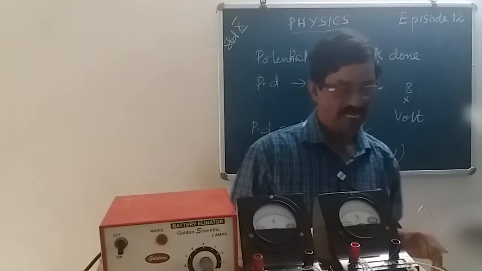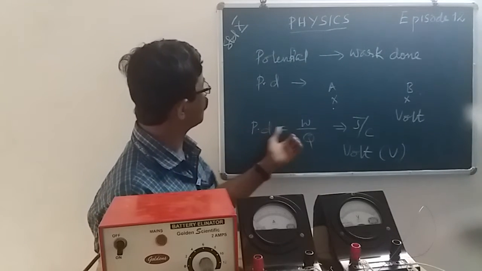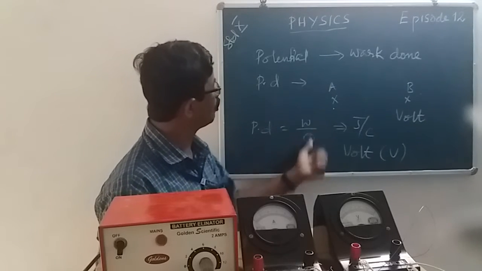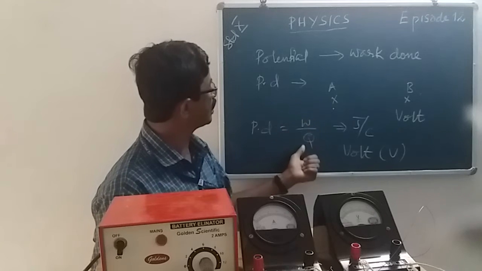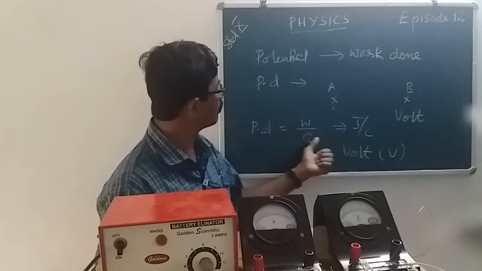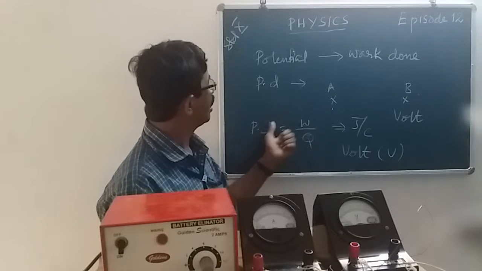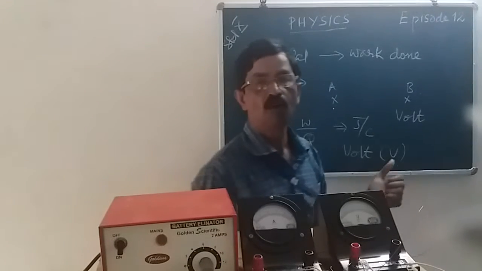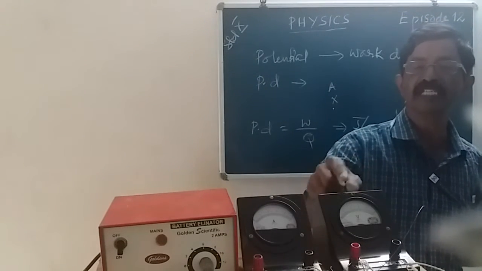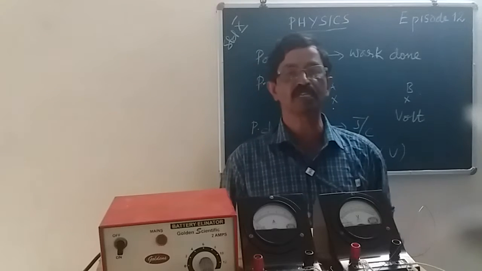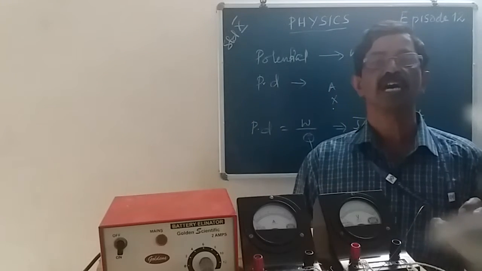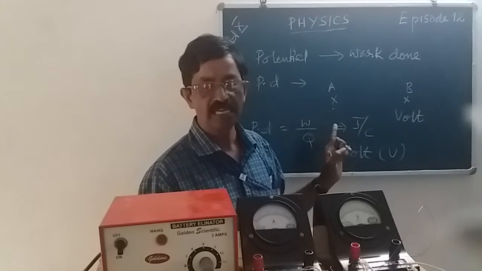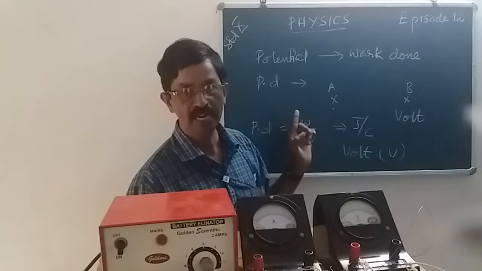Potential difference is work by charge. 1 volt means if 1 joule of work is done to bring 1 coulomb of charge from one point to another, then the potential difference is 1 volt. And the voltmeter is always connected in parallel to the device across which we want to measure potential difference.